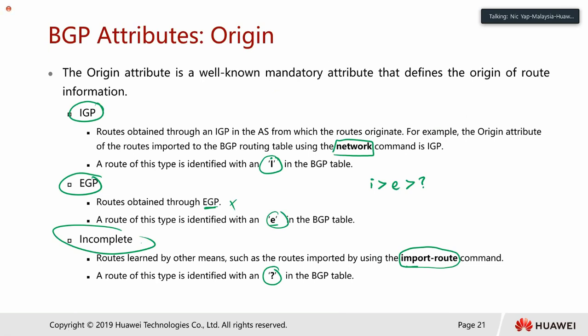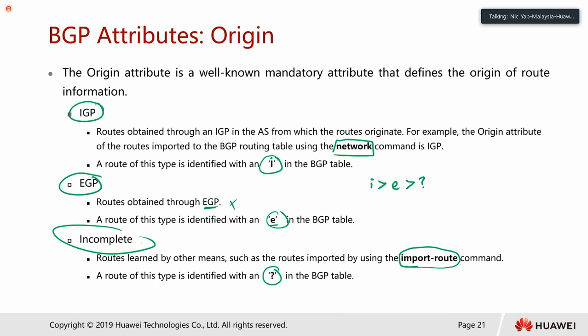So let's say you learn the route from different origins, same destination, different origin. It will compare based on the origin. Which one is the best? I is the best, E second, and question mark will be the last. This is how they select the optimal route when they have received a destination coming from three different origins.